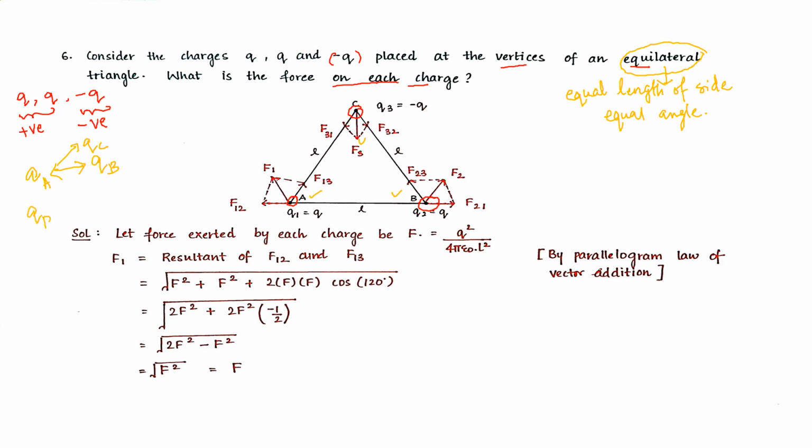Similarly, QB will have some force with respect to A and with respect to C. And the third case, in the similar manner, QC with respect to QA and QB. So we have to find these forces on each charge due to the other two charges.